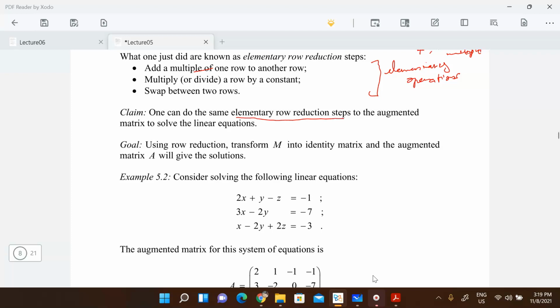Okay, and where do we apply that? We apply it to the augmented matrix, because what we are concerned with is mostly the structure of the matrix that multiplies the variables and the answers on the right hand side, the numbers that appear on the right hand side. So we use elementary row reduction on the augmented matrix to solve the linear equations.